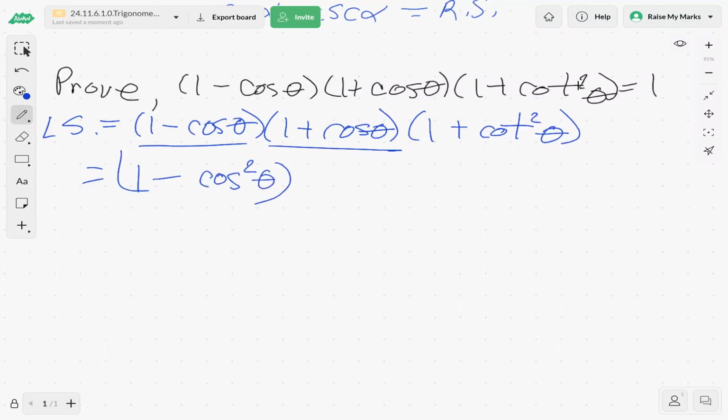Our second bracket, again, whenever we're faced with cotangents, tangents, secants, cosecants, let's try and rewrite it in terms of sines and cosines. So we have 1 plus cotangent squared is cos squared theta over sine squared theta.